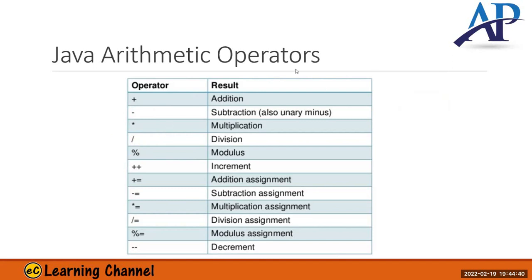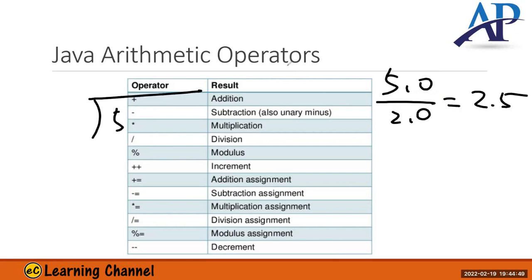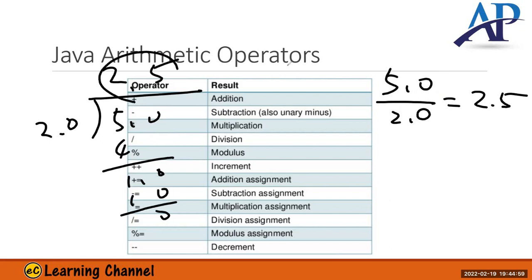Okay, but if you do have 5.0 divided by 2.0, you will get 2.5.